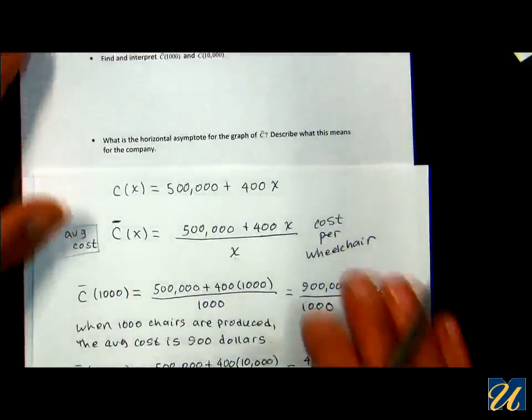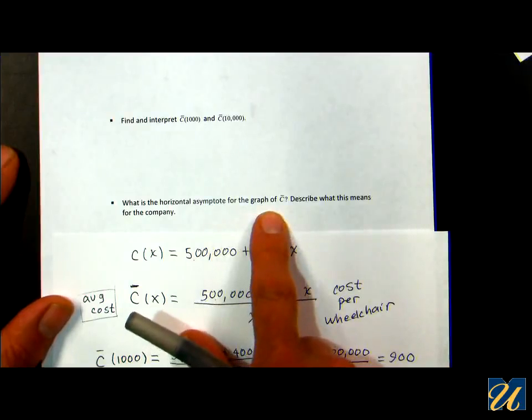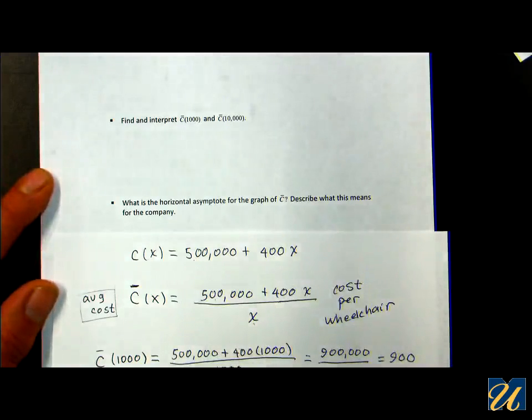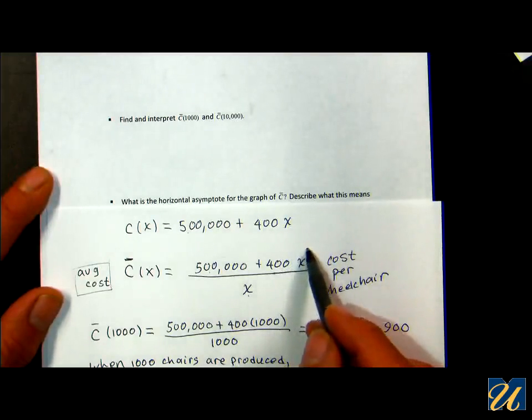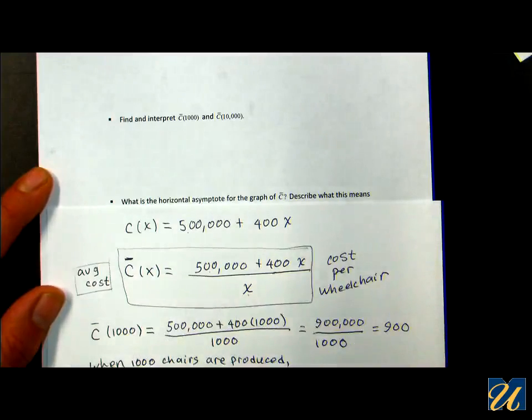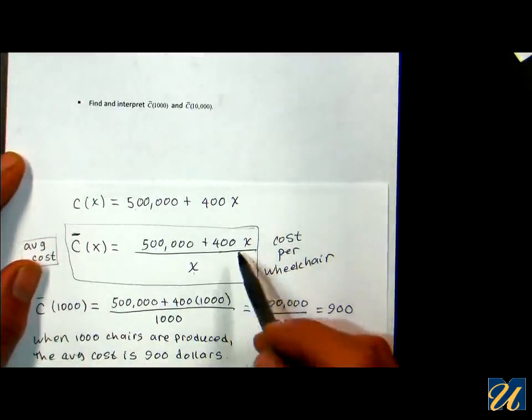The last question is, what is the horizontal asymptote for the average cost function, and describe what this means for the company? Okay, so we look at our average cost function. We scan the numerator, scan the denominator, take the highest degree terms, and divide them.